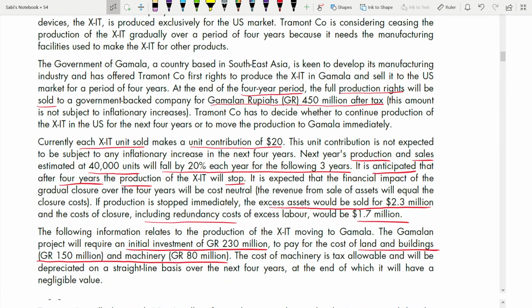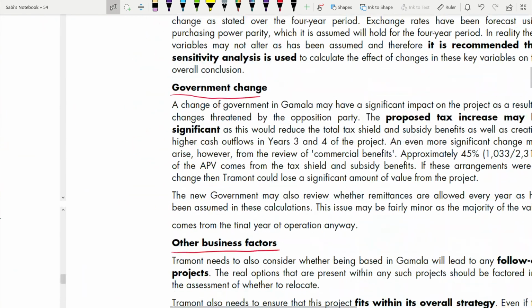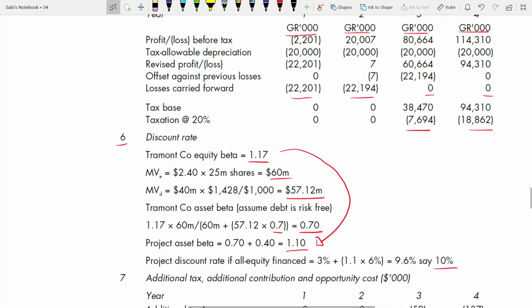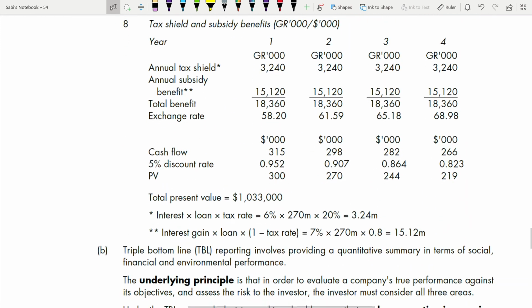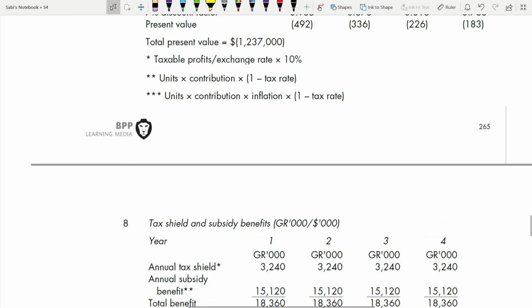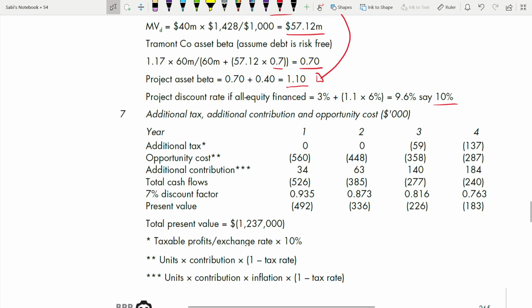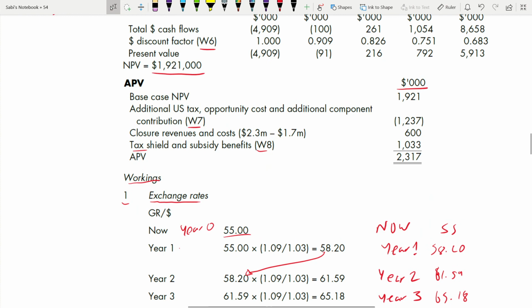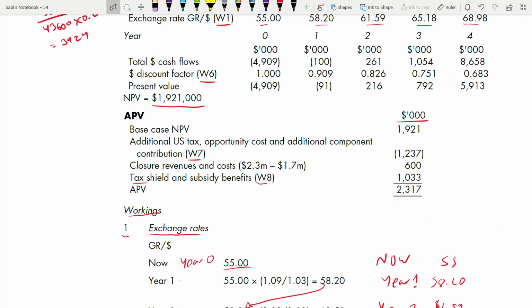So here they have told excess assets would be sold for 2.3. So this 2.3 and the excess labor would be cost. So that 2.3 minus 1.7, that's 600. So that 600 is there.